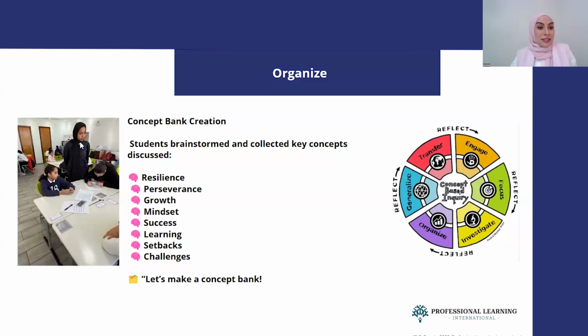These are some of the examples that the students actually gave from the session: resilience, perseverance, growth, mindset, success, learning, setbacks, challenges. As you can see, some of them are concepts from the questions we asked, but many of them were from the discussions they had. We created our concept bank, and that is how we are organizing their thinking.